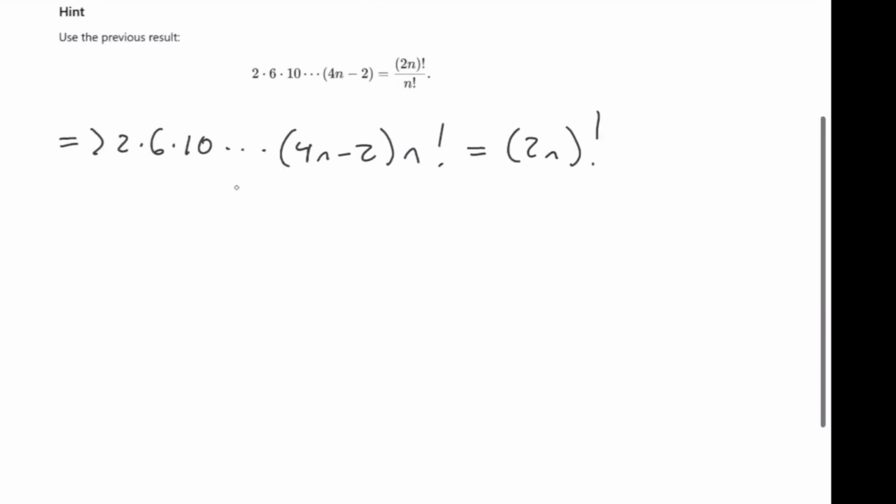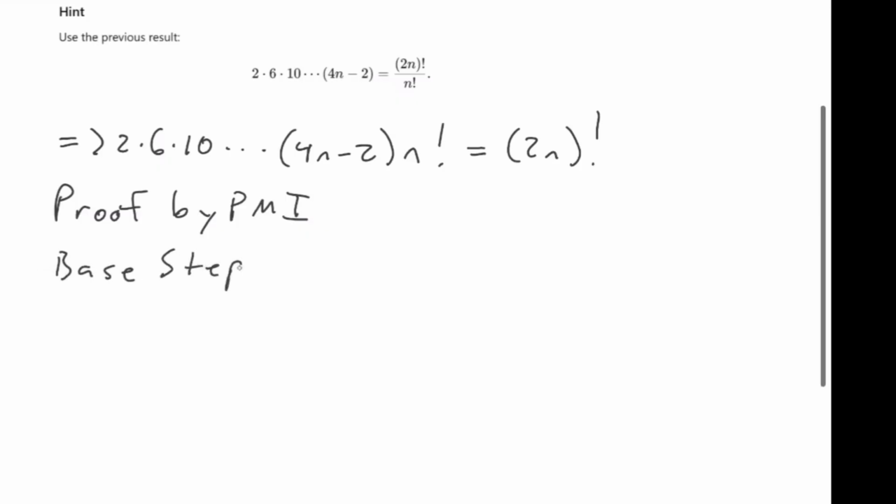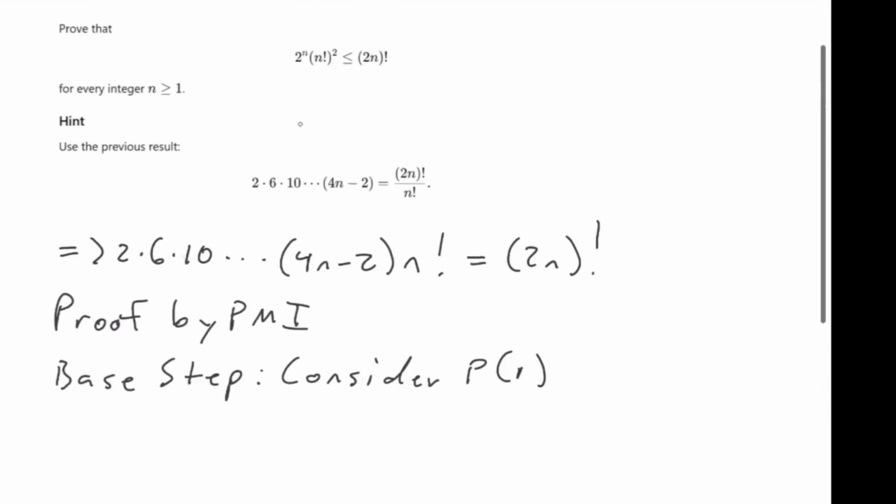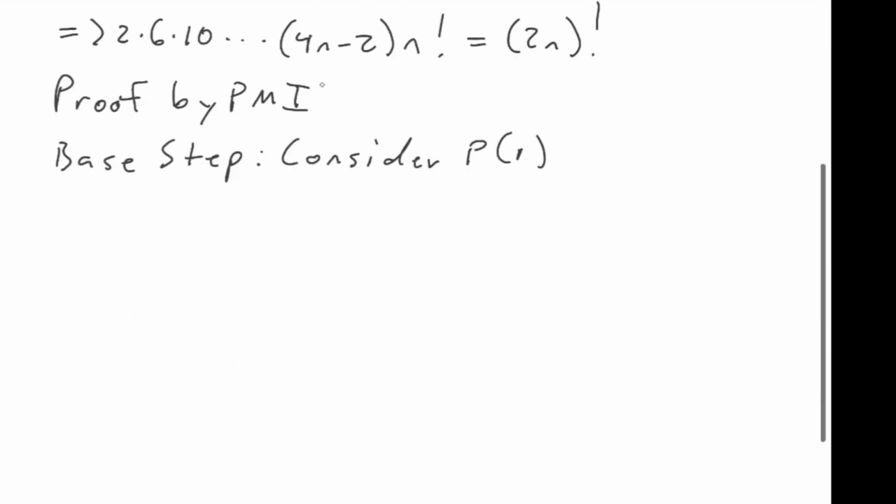Okay, so let's go ahead and start our proof by principle of mathematical induction. We're going to do our base step. Consider P of 1. So that means we're going to look at 2 to the 1, 1 factorial squared.